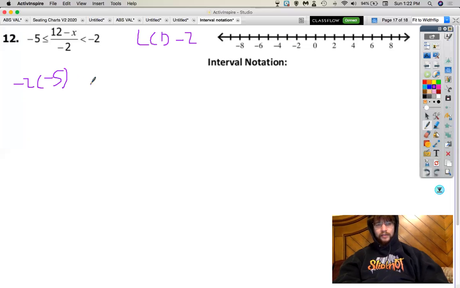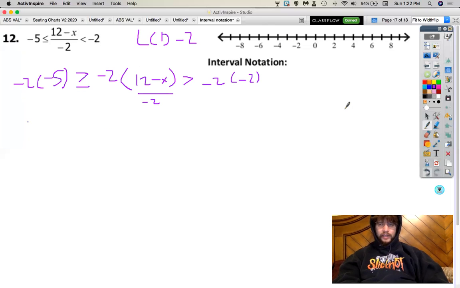We're multiplying by a negative, change the direction. Greater than or equal to negative 2 times this thing. It's greater than negative 2 times that thing, which is also a negative 2.